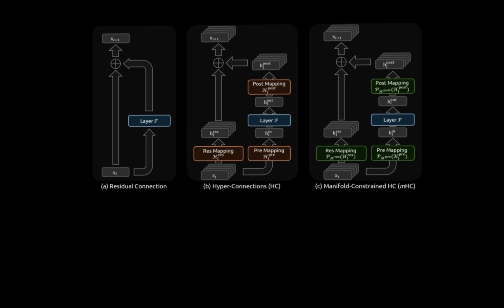So historically speaking, we had the residual connections, which came in 2016 with the introduction of ResNet. In this architecture, we had two flows of information.